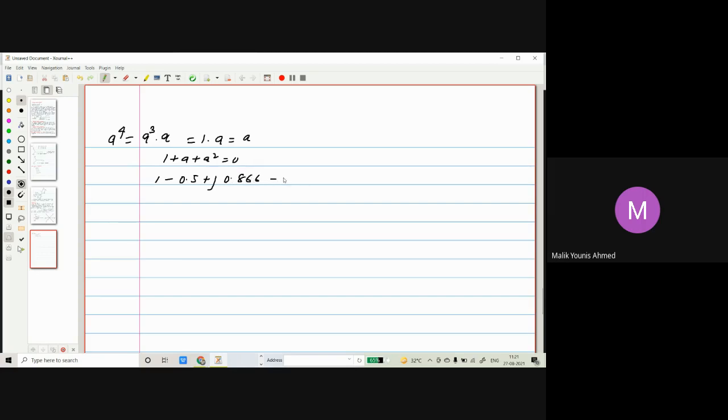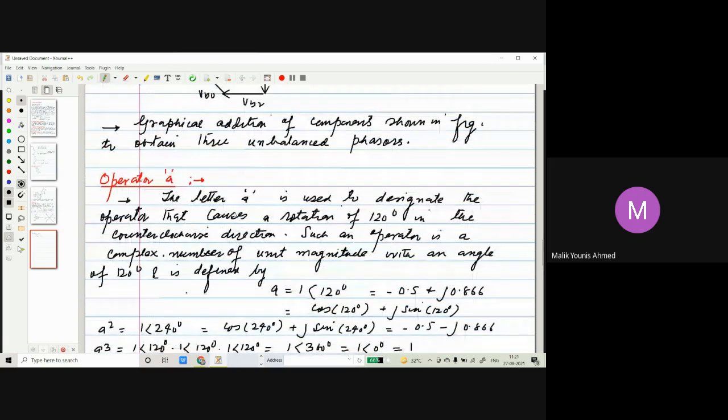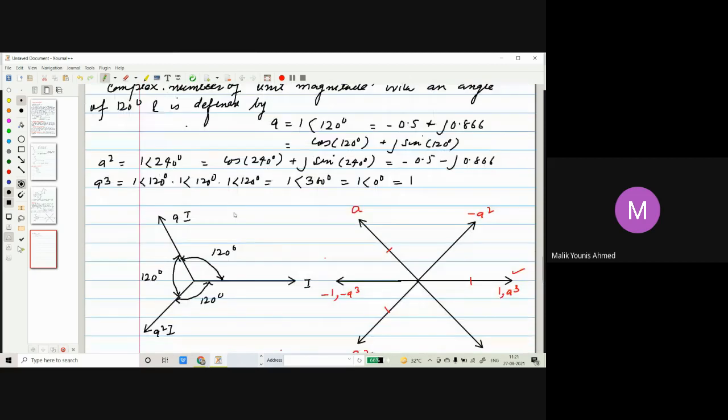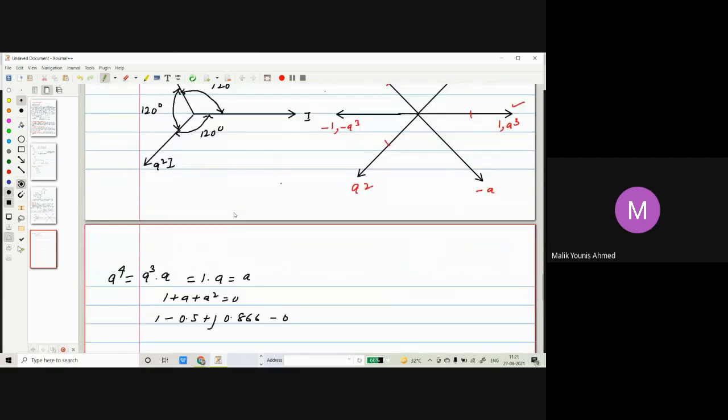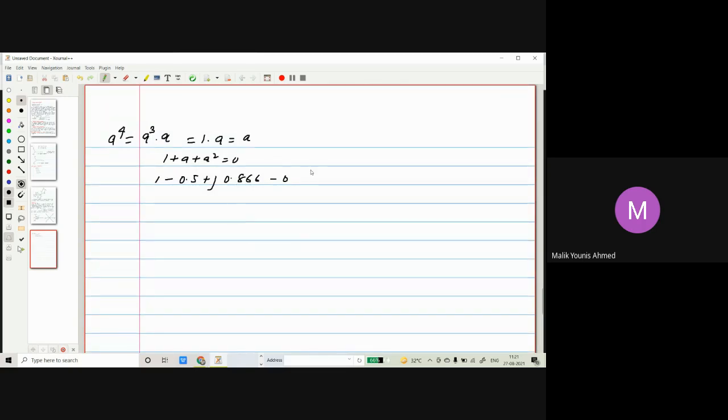And a square is minus 0.5 minus j 0.866. Real parts are negative and the same, but the angles are negative.